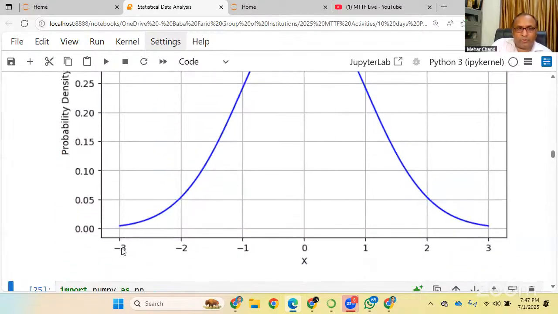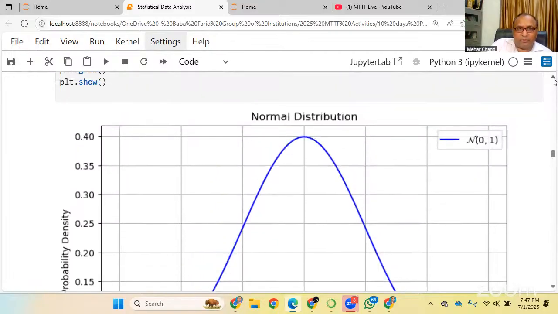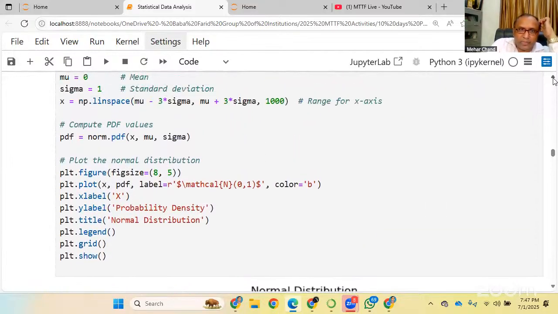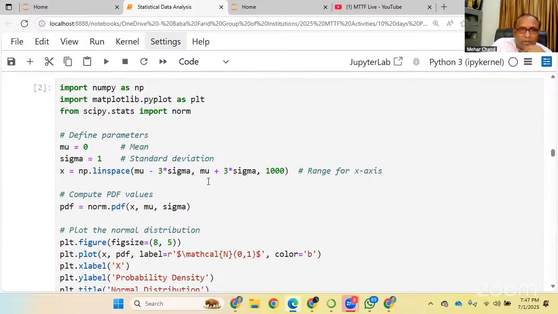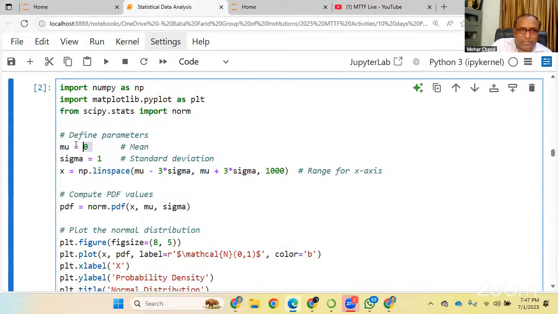The interval is -3 to 3. Since the value we chose here for mu is 0, the mean is 0, and the value of sigma is 1.